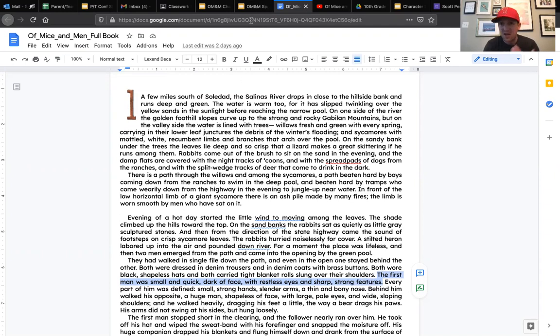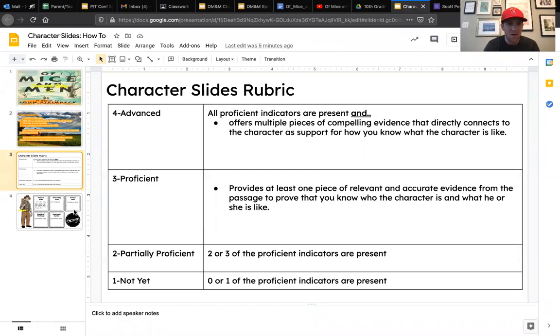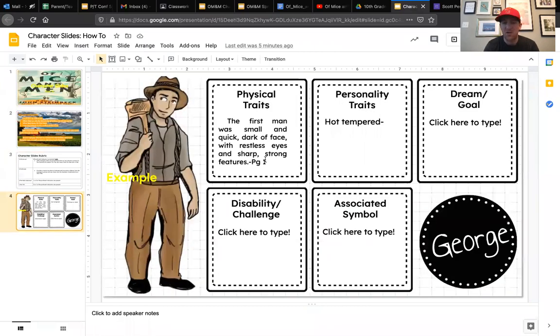So I took that direct description and put it in here for his physical traits, and I put page 1. What that does well is it shows me you are interacting with the text, that you're not just saying he's short, he's tall, and leaving it at that, but you're getting information directly from the text that tells me you know exactly what George is like. That's why I left that quote.